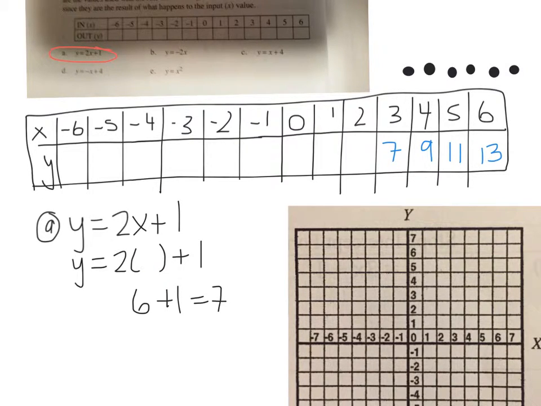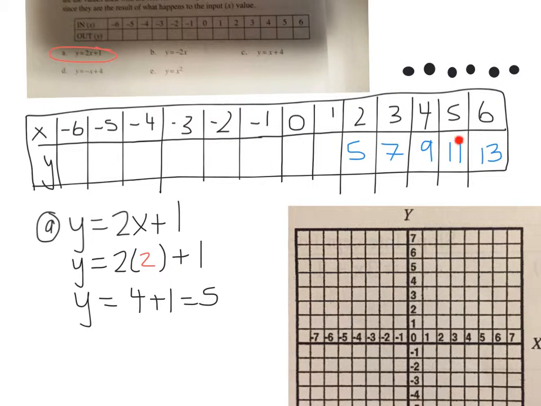Okay, let's do one more. Let's put in a 2. I'm putting in a 2. What do we get? Y equals 2 times 2 plus 1. Y equals 4 plus 1, or 5. If I put in a 2, I get out a 5.